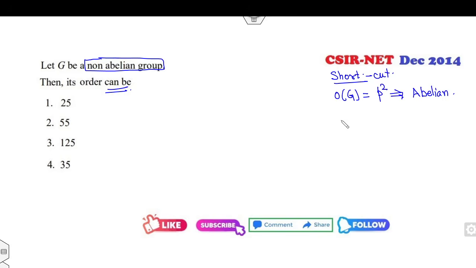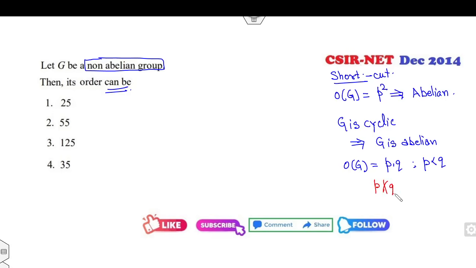If G is cyclic, this implies G is abelian. So first, we will check about the cyclic. Again, if the order of G is P into Q and P is less than Q, where P and Q are prime numbers, if P doesn't divide Q minus 1, this implies the group is cyclic.